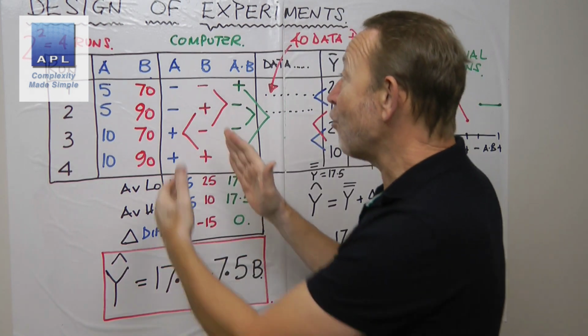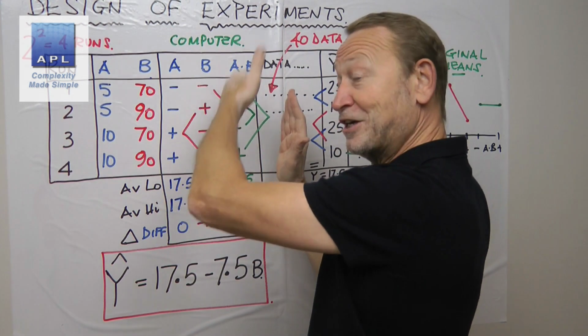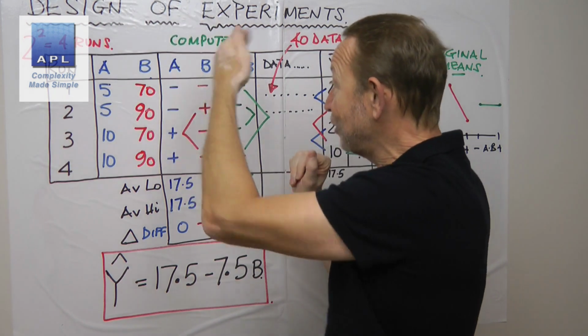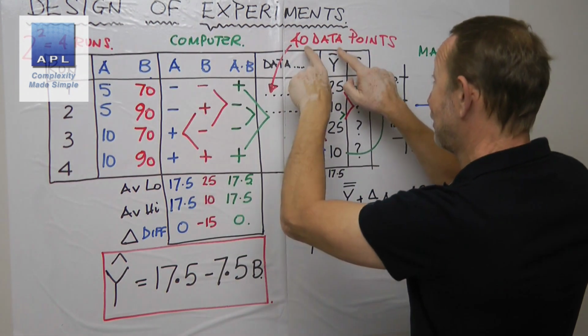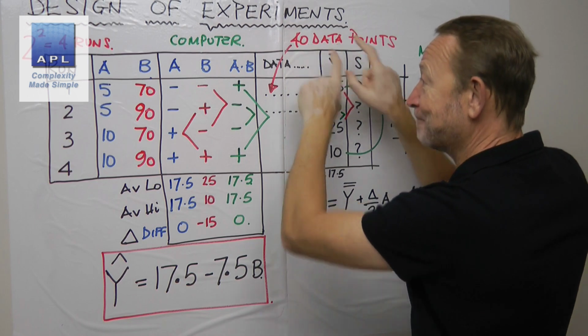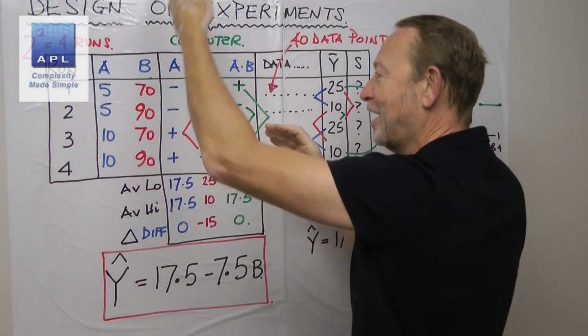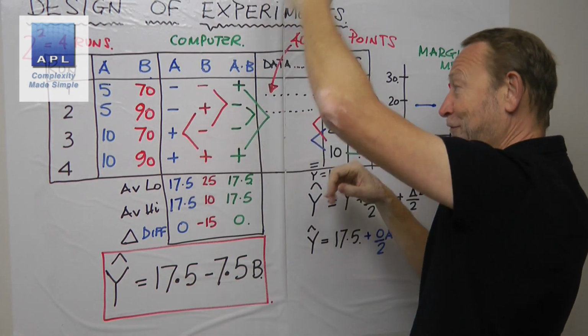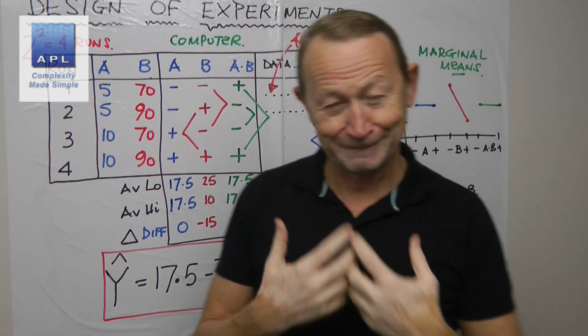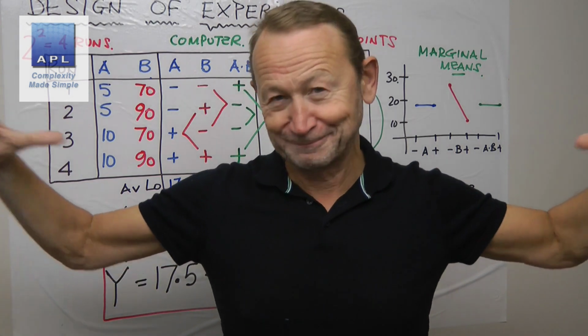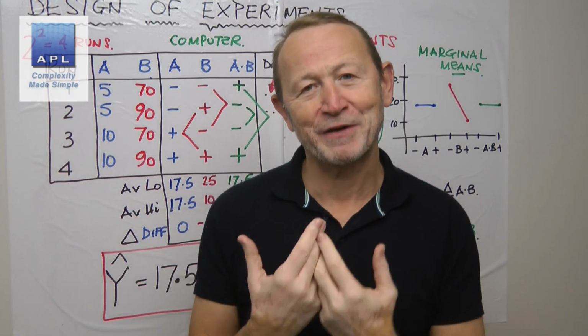And of course that gets more complicated if you add in a C, a D and an E, because when you add in a C, a D and an E, a DOE sticks at 40 data points, it doesn't move. Whereas when you go A, B, C, D, E, you go 40 for A, 40 for B, 40 for C, 40 for D, 40 for E. Your testing is growing exponentially.